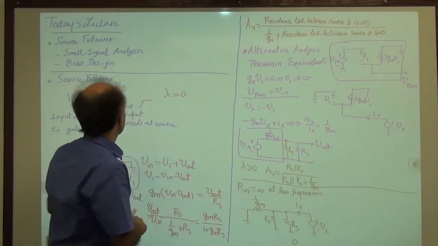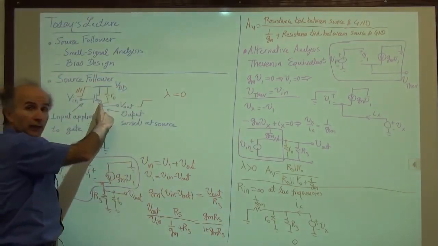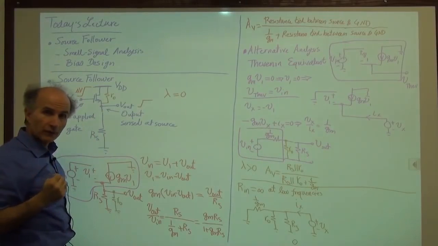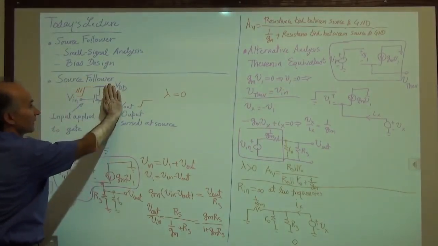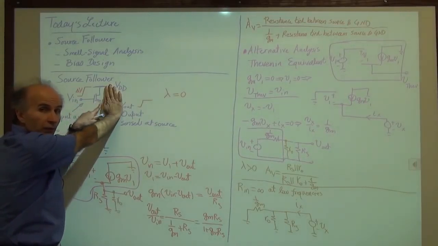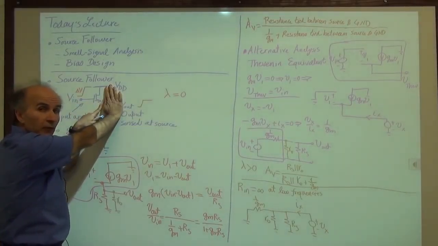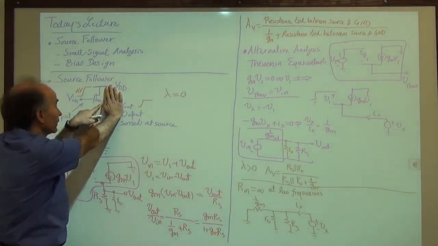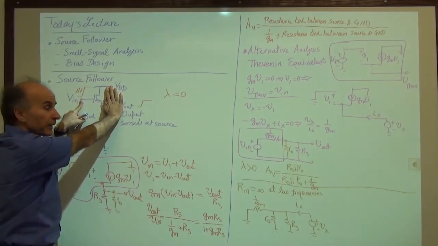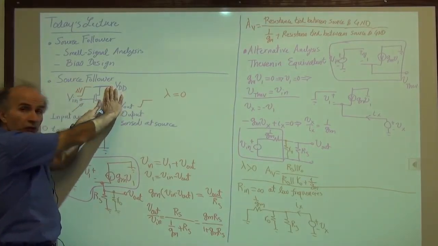We say, sitting here and looking into the output, I see 3 resistances going to AC ground. One, from the intrinsic transistor. Looking at the source of the transistor, we see 1 over Gm. That was similar to looking into the input of a common gate stage, right? Or a diode connected stage. Doesn't matter because this point is AC ground. So looking into here, we see 1 over Gm.